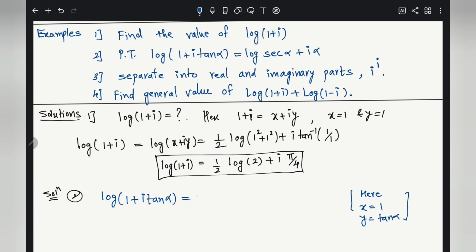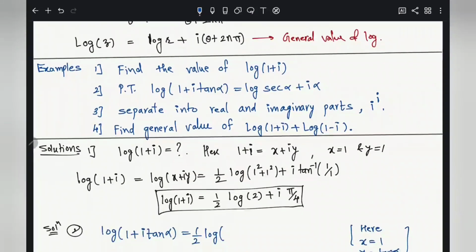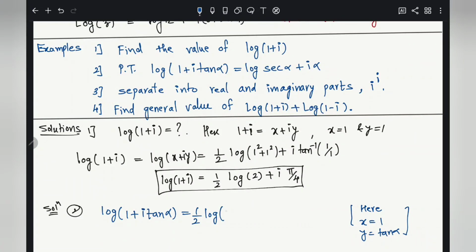So it is half log, using the definition again, of x square plus y square. Now we know it by heart, so I'm using it directly: half log of 1 square plus tan square alpha, plus i tan inverse of y by x, so y is tan alpha upon x is 1.